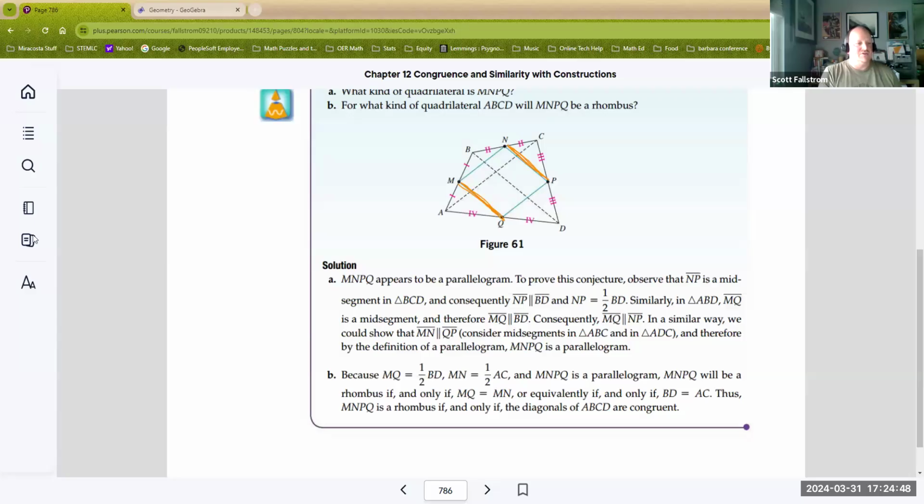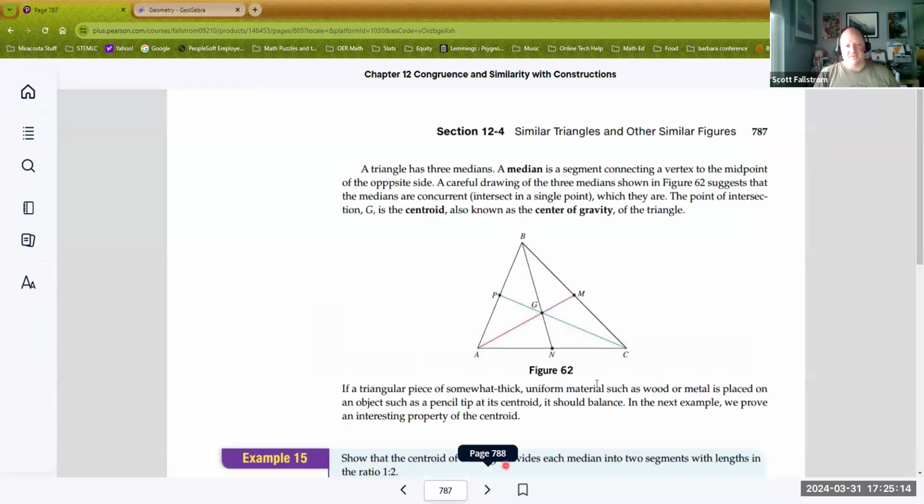But if you'd like it to be exactly the same length as MN, then MN's doubling piece, which is AC, right? Then AC has to be the same as BD. That's what we need. So it's a rhombus if the diagonals are congruent. But again, just utilizing the pieces and the properties that we've had so far.